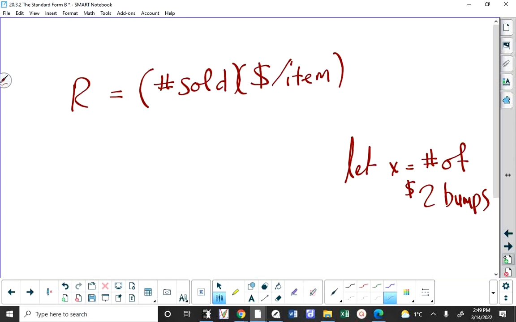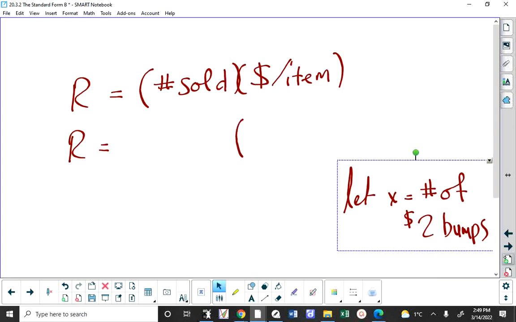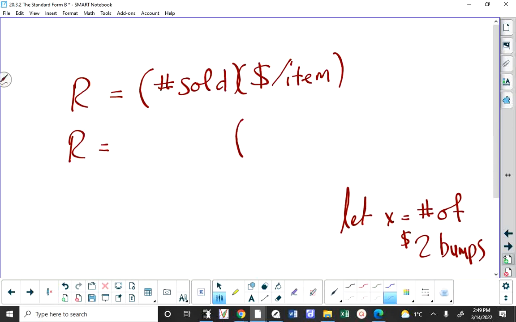Okay? So if x is 1, they're increasing it by $2. If x is 2, they're increasing it by 4. Well, the number sold, we'll do the dollars per item first. We originally sell them for $8. We're going to add $2 for every bump in x. For every single x, we increase by $2.